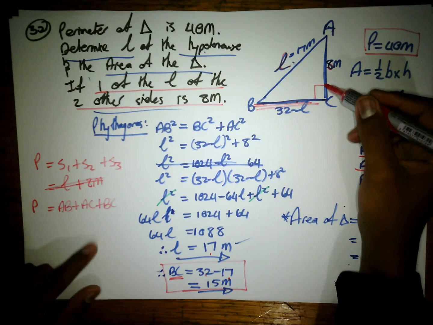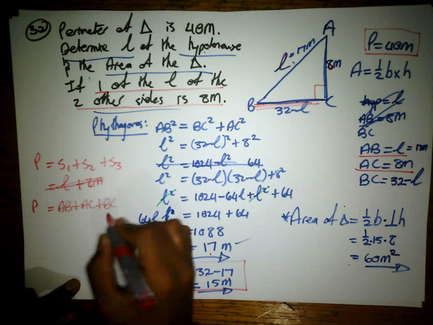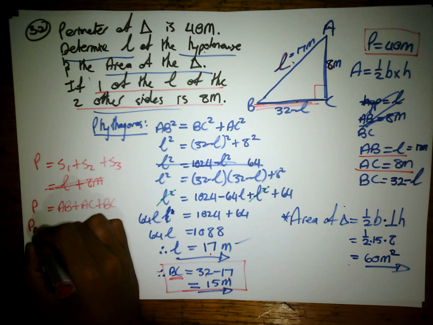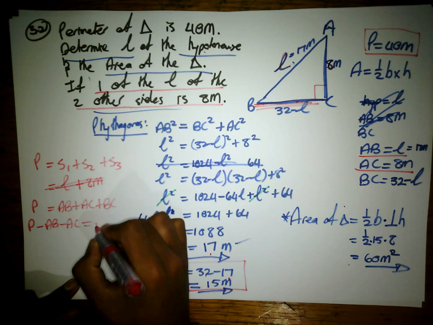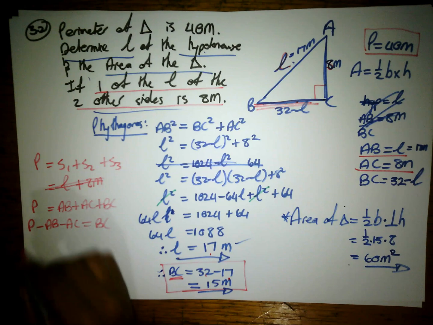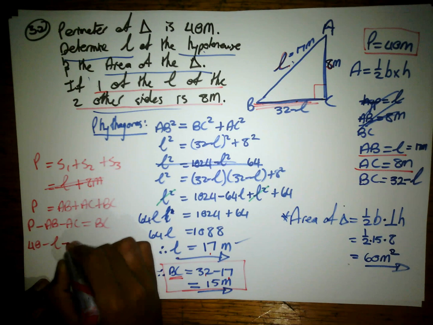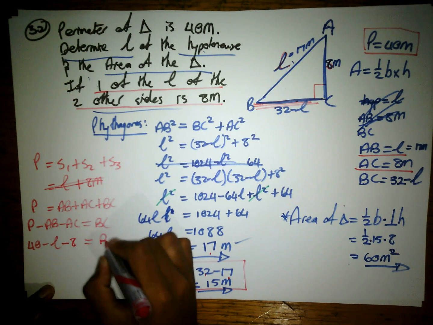So to get BC, we must basically manipulate this formula. We're going to put P minus AB minus AC equals BC. So it is 40 minus L minus that 8 is BC.